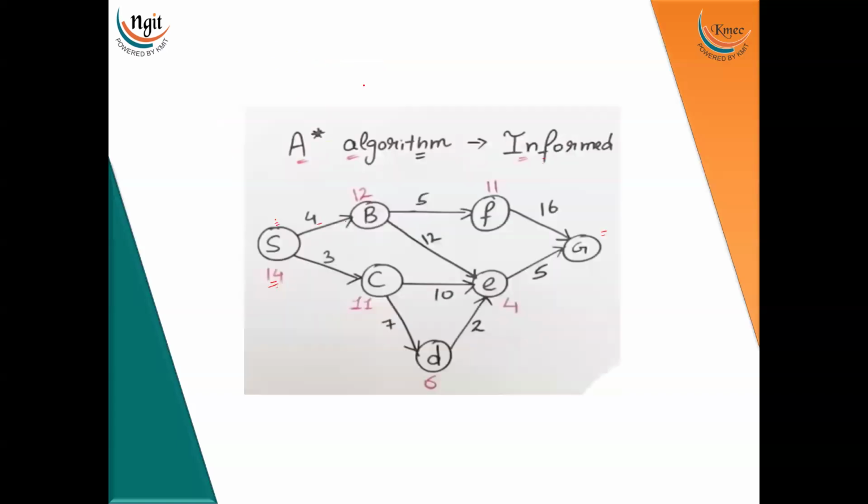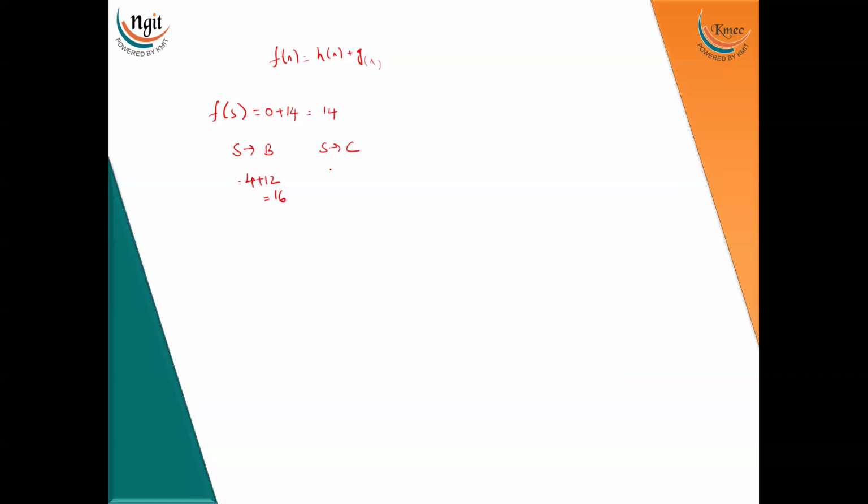For S to C, the path cost is 3 and the heuristic value is 11, so it is 3 plus 11 equal to 14. Now we can expand further from SB and from SC.